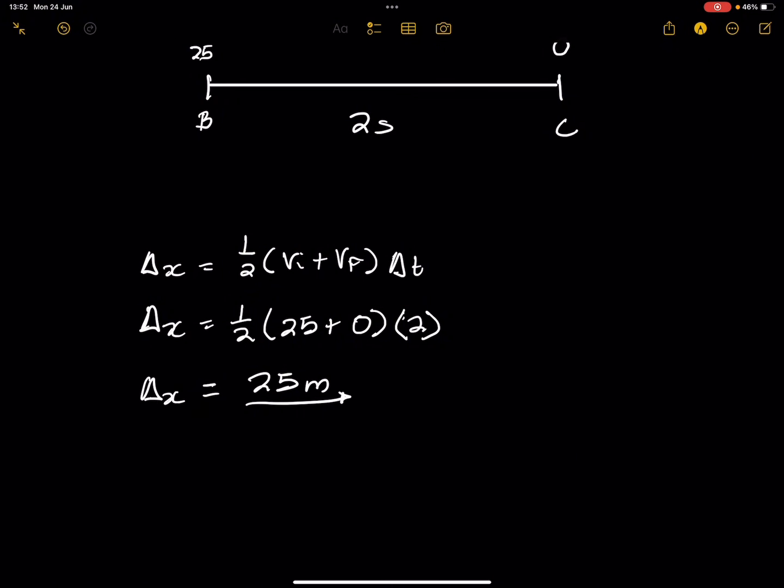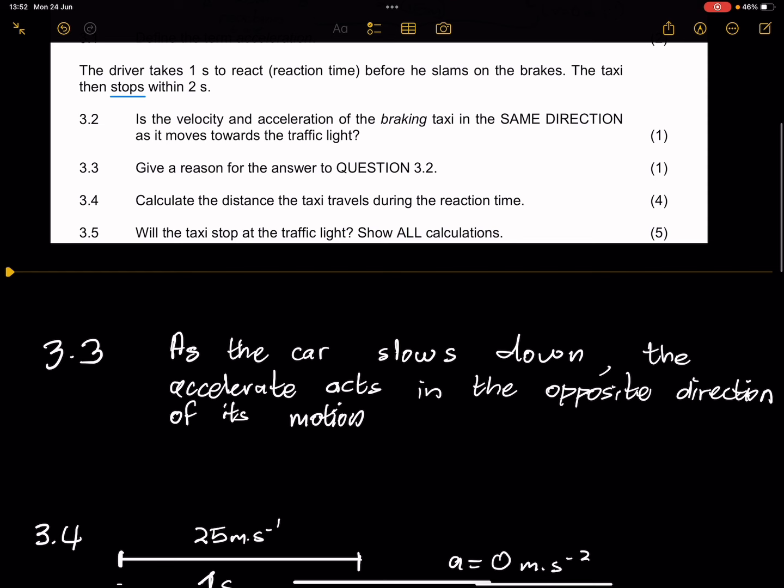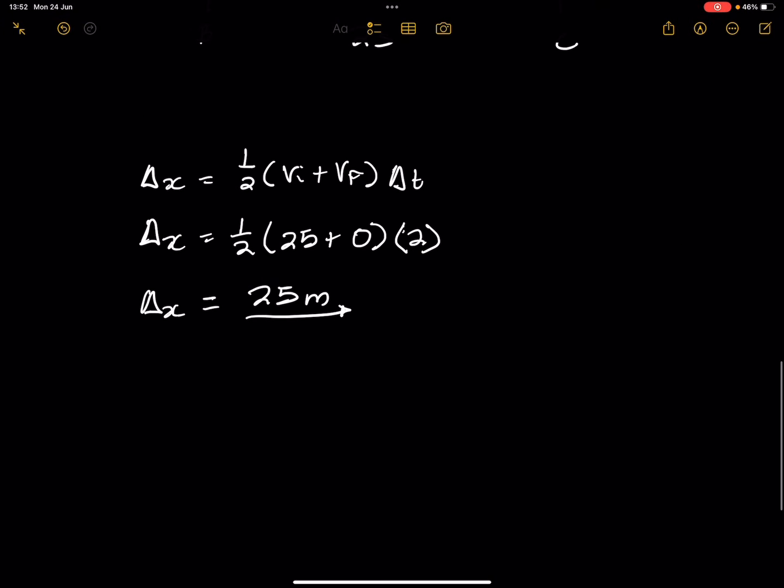So let's answer the question. Will the taxi stop at the traffic light? The answer is no. But why is that?